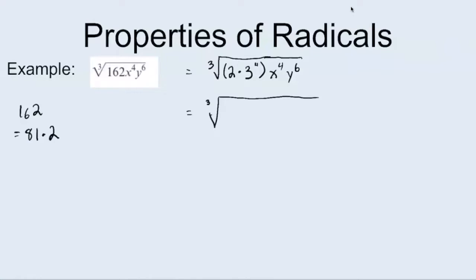Let's go with, I'm going to keep a 3 here. I'm going to keep an x here, and I'm going to keep a y here. And I'm going to raise it to the power 3. I know that I'm going to be able to cancel out.